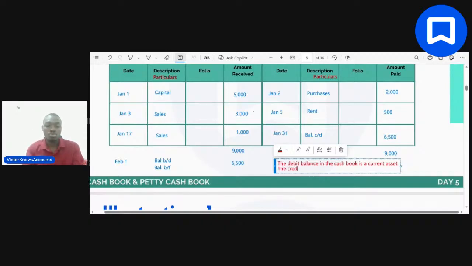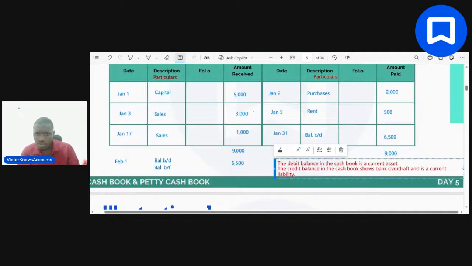So I will just put it here: the credit balance in the cash book shows bank overdraft and is a current liability.